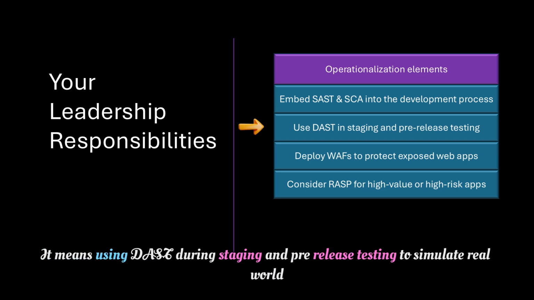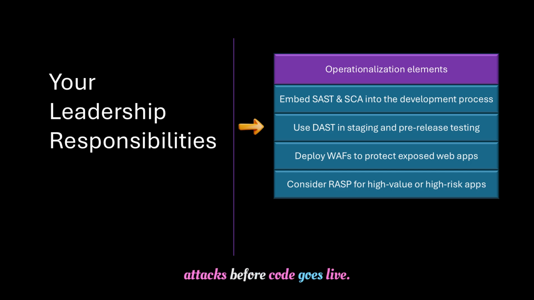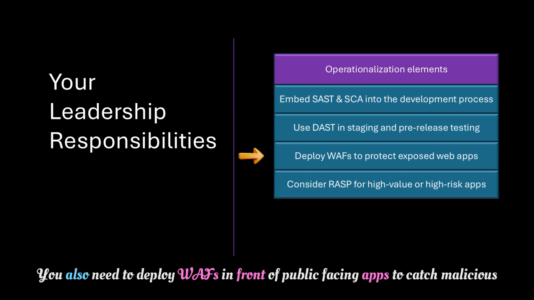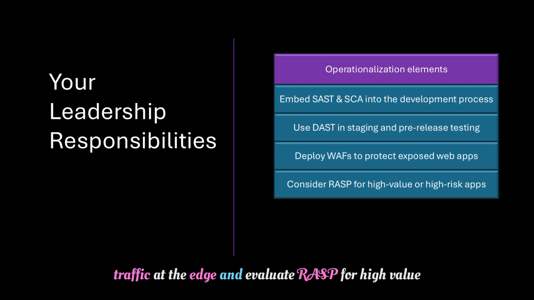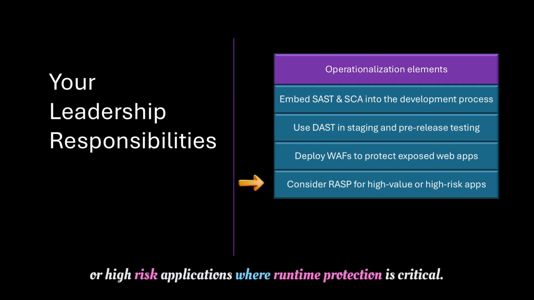It means using DAST during staging and pre-release testing to simulate real-world attacks before code goes live. You also need to deploy WAFs in front of public-facing apps to catch malicious traffic at the edge, and evaluate RASP for high-value or high-risk applications where runtime protection is critical.